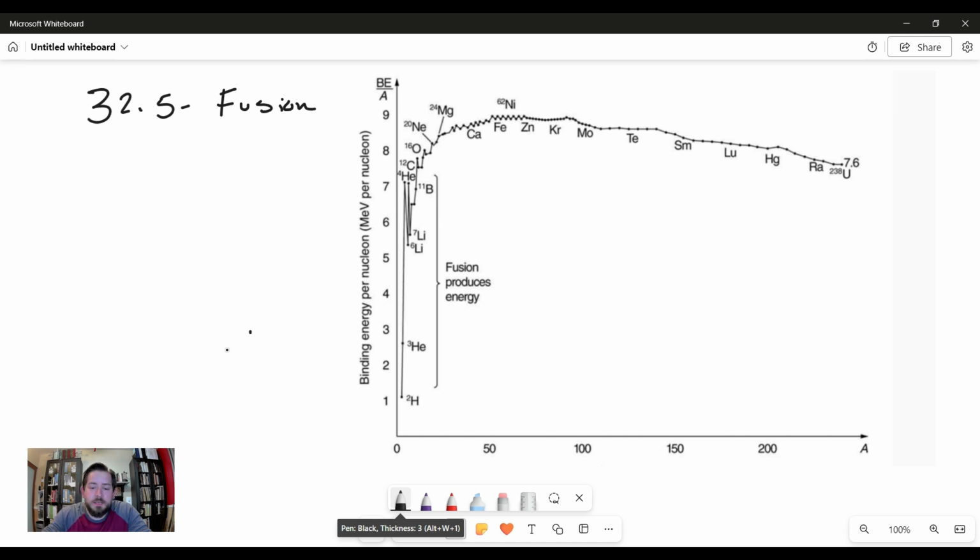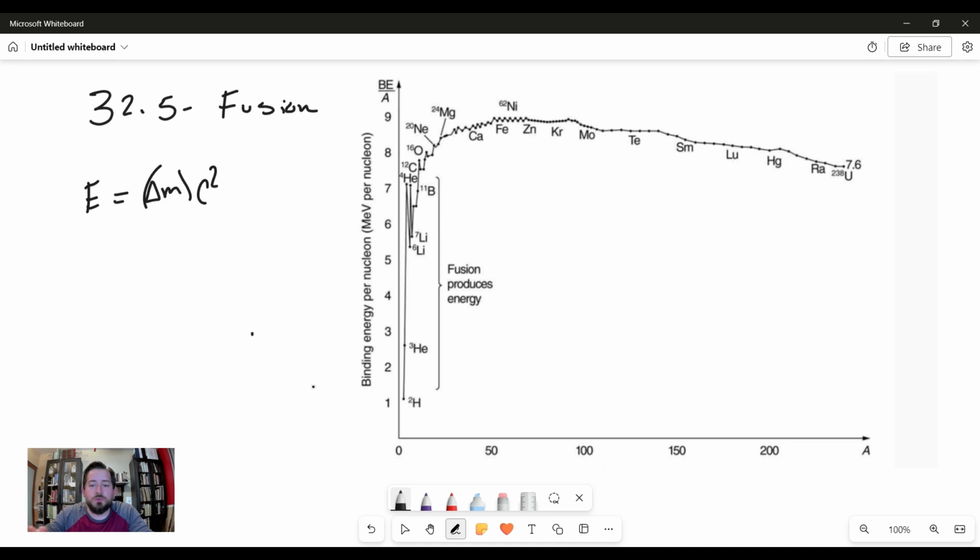That makes some energy in E equals change in mass times c squared. That is the binding energy of the nucleus. So some mass gets converted from energy and turns into binding energy, what holds that thing together.